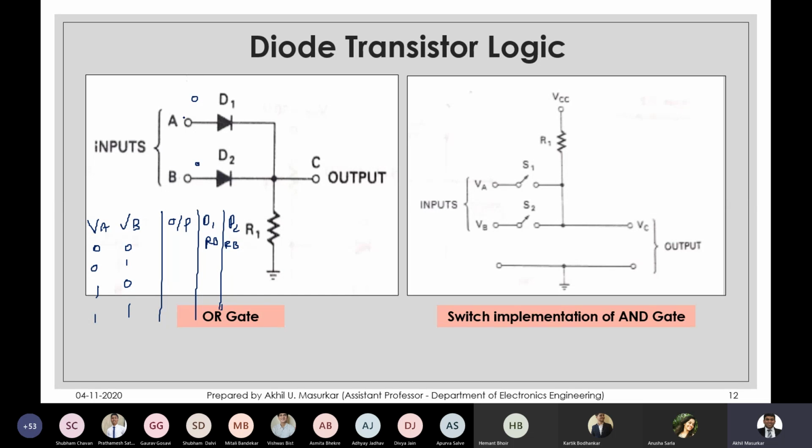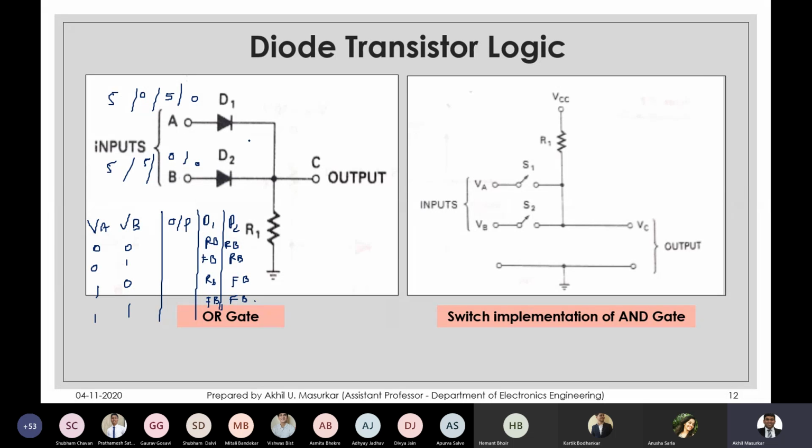Now let's say that you give here 5 volts and this is now 0. So D1 will be forward biased and D2 will be reverse biased. If I interchange the combination, this is 0 and this is 5, then this will be reverse biased, this will be forward biased, and if I make both as 5, both diodes will become forward biased.